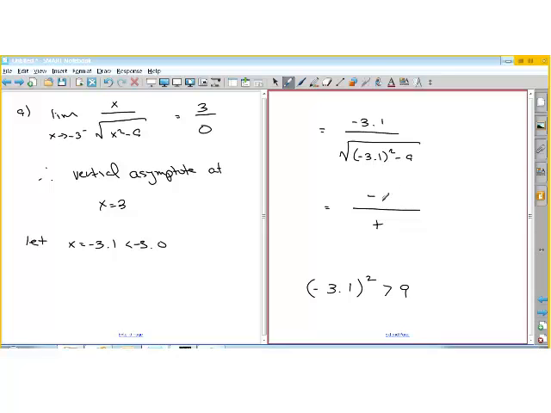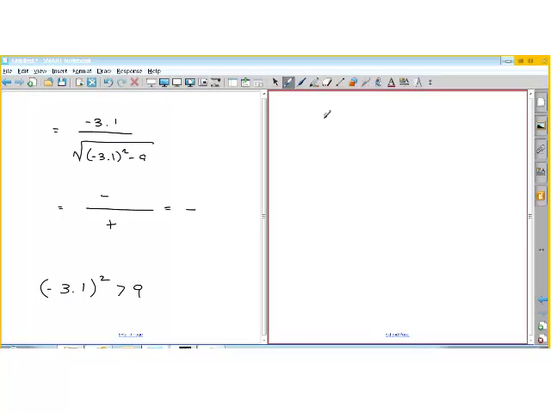So now you just look at the signs. If you had negative divided by negative, it would be positive. If you had positive divided by positive, it would be positive. But if the signs are different, then you're going to have negative, whether this is negative and this is positive, or this is positive and this is negative. So the answer is going to be negative. And because of that, we can say two things.